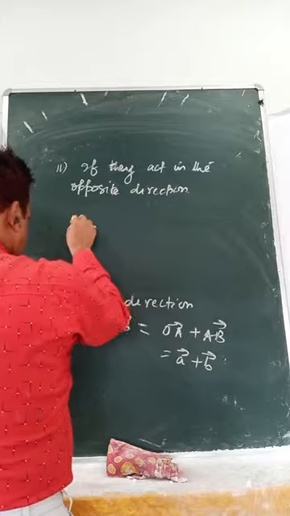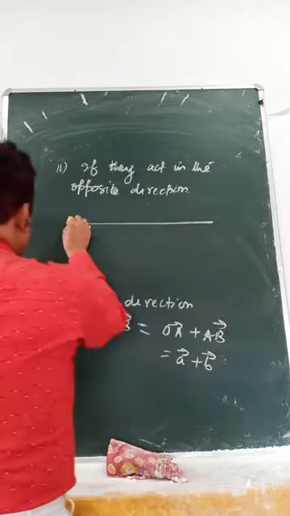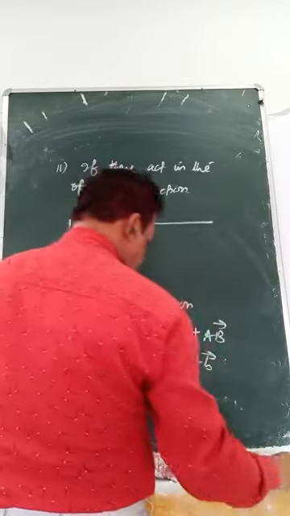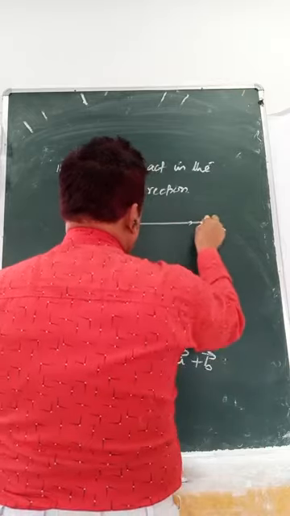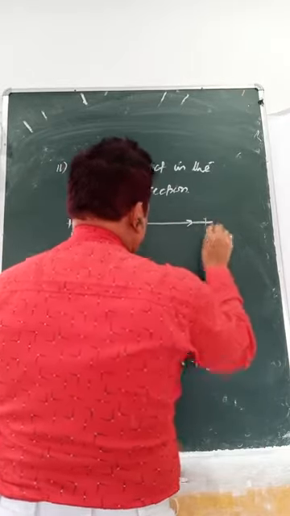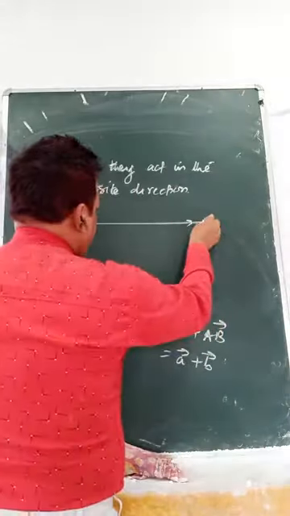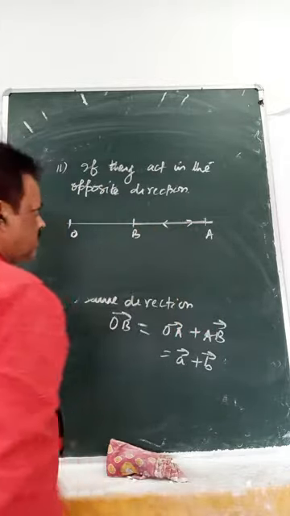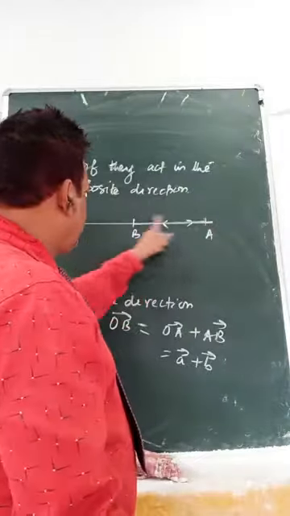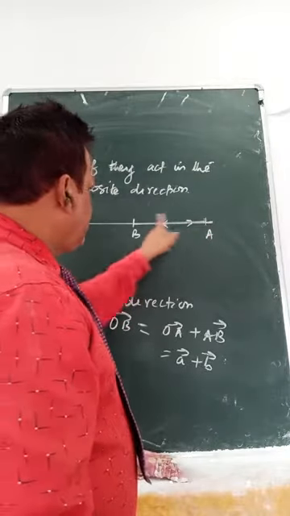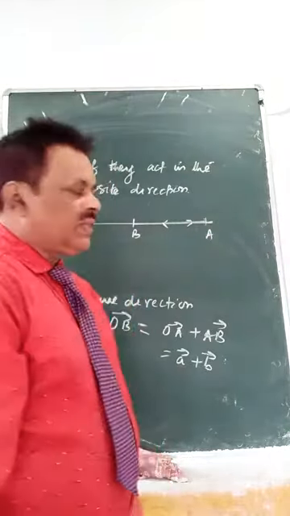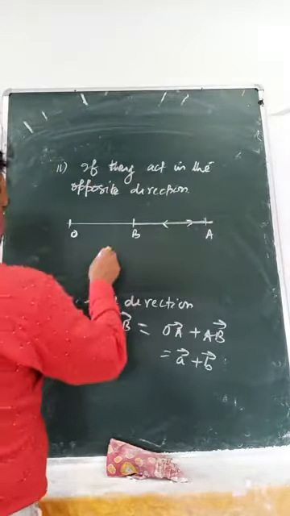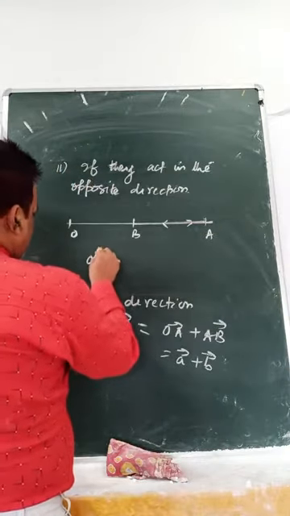Like this is OA vector, then AB is in the opposite direction.